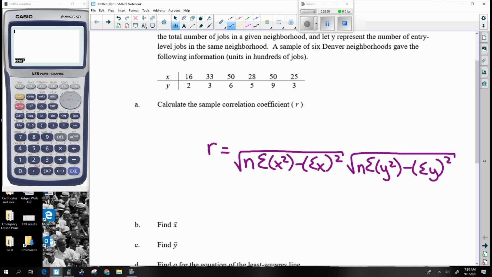And that's a denominator of n sum xy minus sum x sum y. All right, as I said, that's a monster of a formula. It's a monster.